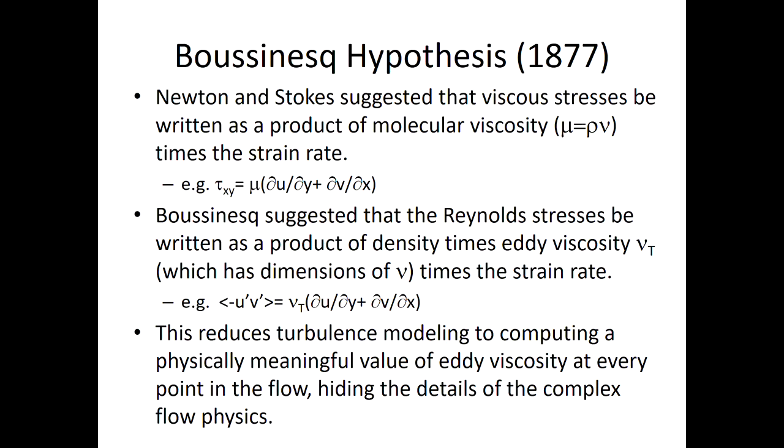So this reduces the turbulence modeling to just finding this one quantity. Unfortunately, it's not a constant. It varies from point to point. We just need to find that function. Once you know that function, you could stick it in here just like we are putting in the molecular viscosity.